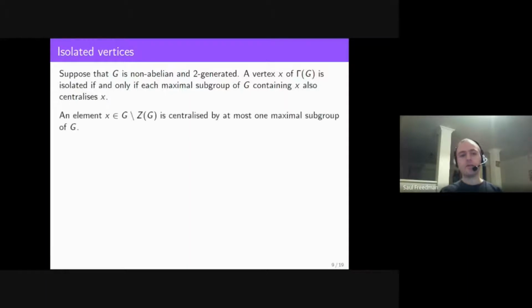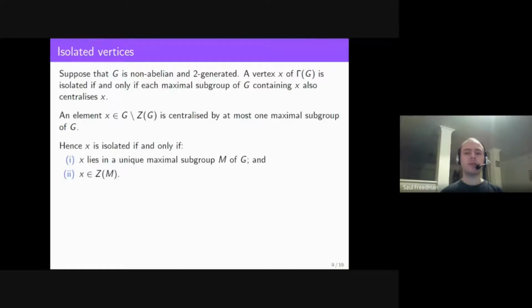Okay, now it's easy to show that a non-central element X of G is centralized by at most one maximal subgroup. And so it follows from what I just said that X is isolated in the graph if and only if 1, X lies in a unique maximal subgroup M of G, and 2, X is central in M. So to explain this a bit, if both 1 and 2 hold, then it's clear that the condition above holds, and so X is isolated.